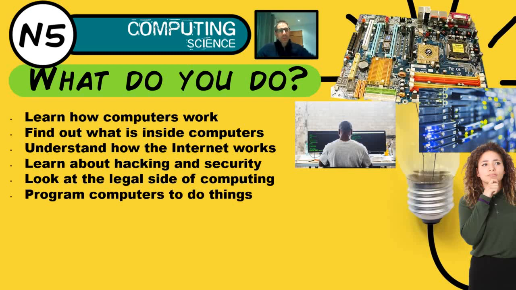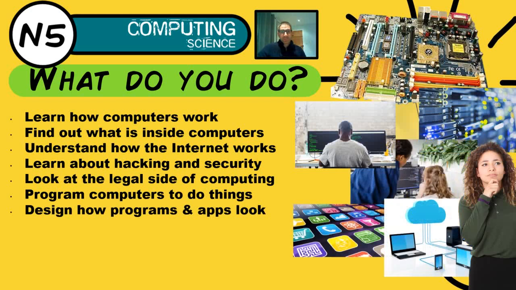We will also program computers how to do things, so we do computer programming, so we get computers to actually do things that we want. That's a process where we give instructions, and we'll often get the computer to do different things depending upon what the user does, what the user says, and what they enter.